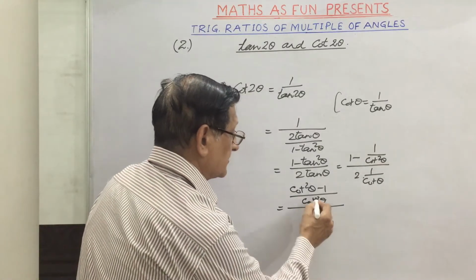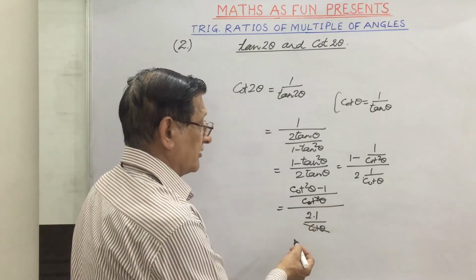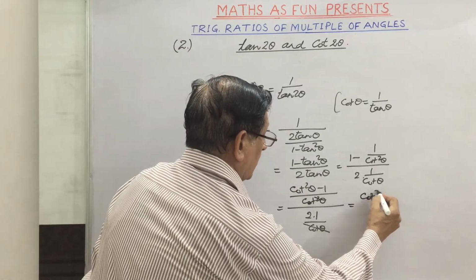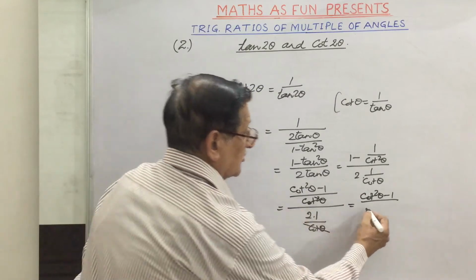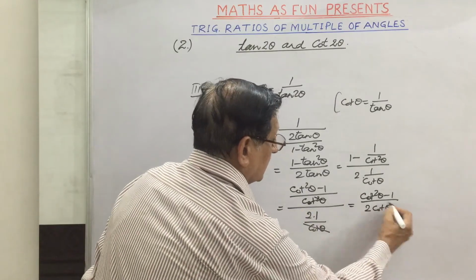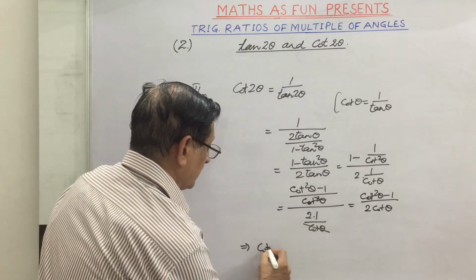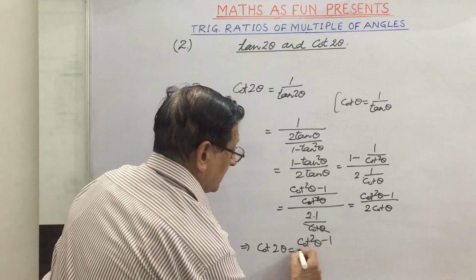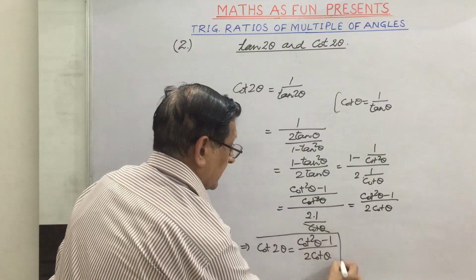This cot theta cancels the square. We are getting here cot square theta minus 1 upon, this cot theta will come to the denominator, 2 cot theta. It means by this method also we are getting the formula for cot 2 theta is cot square theta minus 1 upon 2 cot theta.